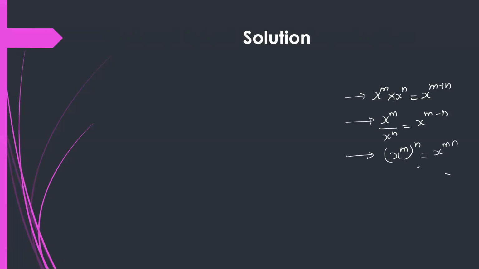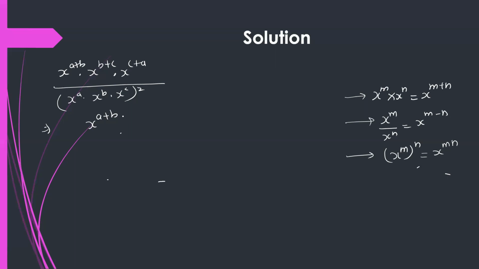Let's solve. We are provided with (x to the power a plus b multiply by x to the power b plus c multiply by x to the power c plus a) over (x to the power a, x to the power b, and x to the power c) whole square, which can further be written as, in the numerator the base is same, so we are adding the powers: a plus b plus b plus c plus c plus a, and in the same way in the denominator the powers are added, whole square.